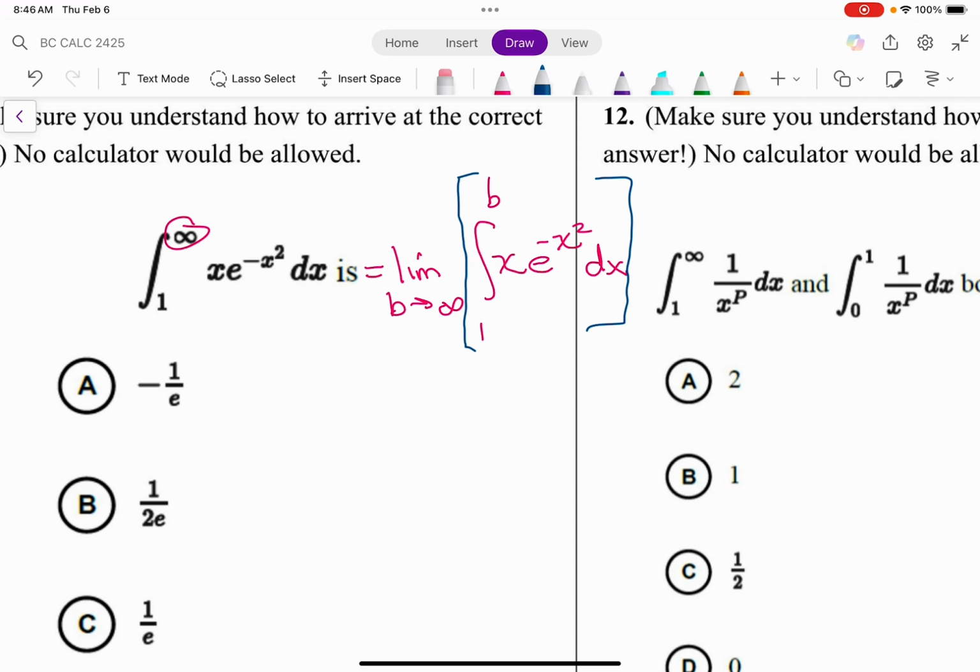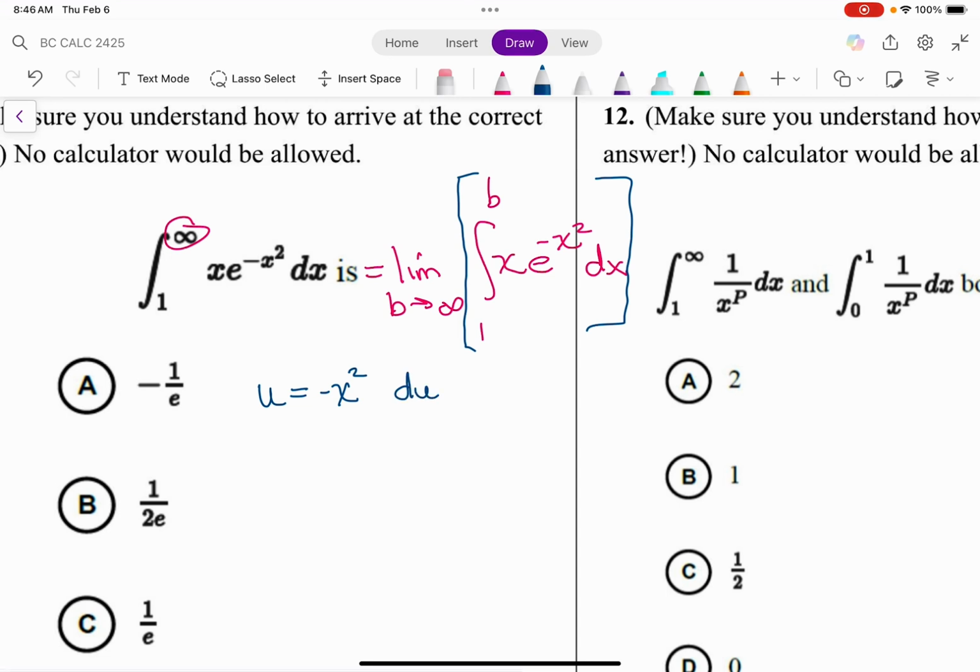Let's do a u substitution because I see e to the x squared and an x. I think I can change this to an easier definite integral by doing this substitution. So let's let u equal negative x squared.